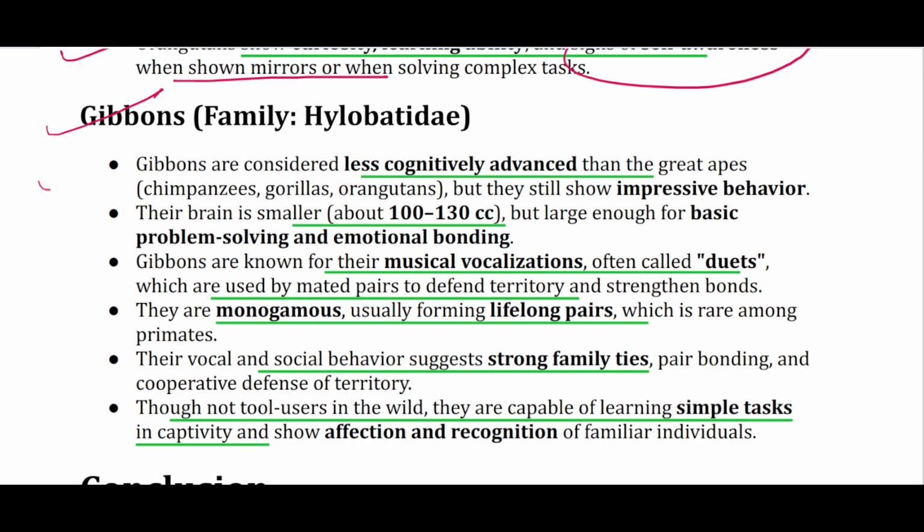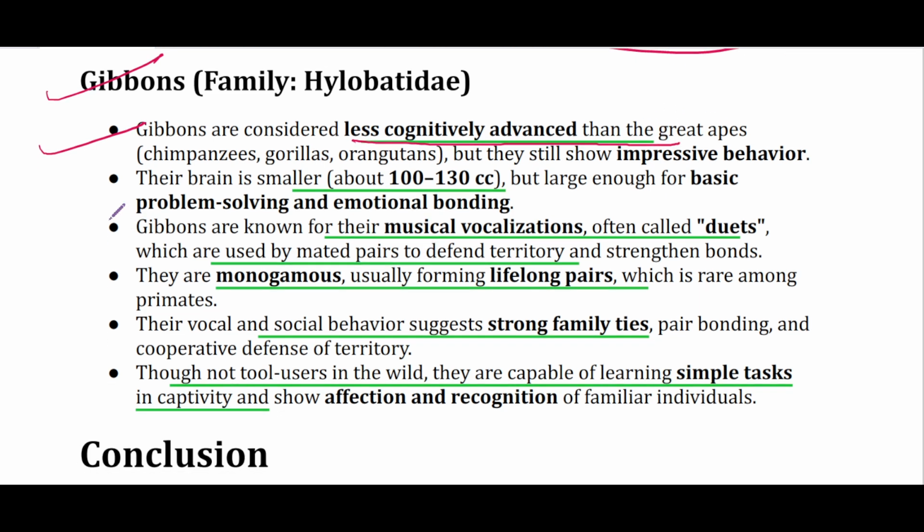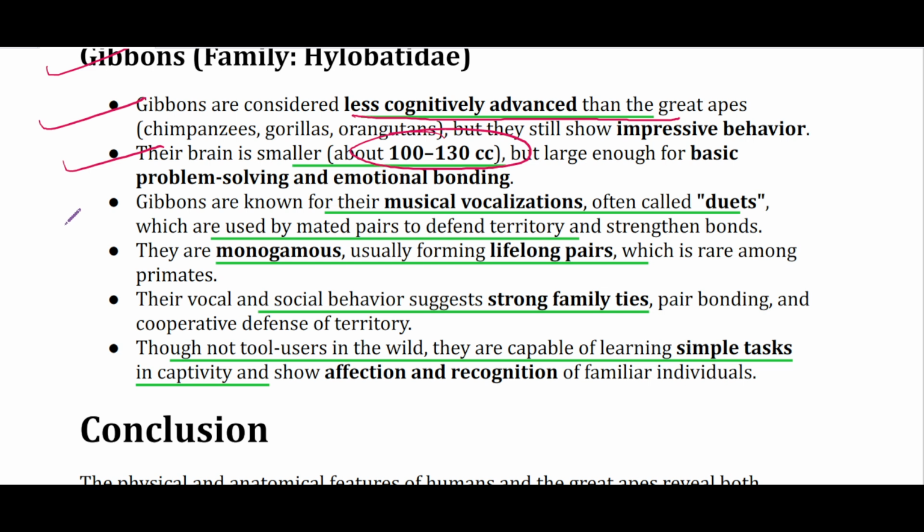Finally, gibbons. So gibbons, they are less cognitively advanced than any other great apes. Their brain is also smaller, 100 to 130 cc, and they are known for musical vocalization, also called duets. The male and female pairs start singing together.